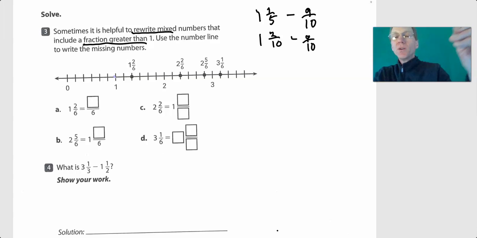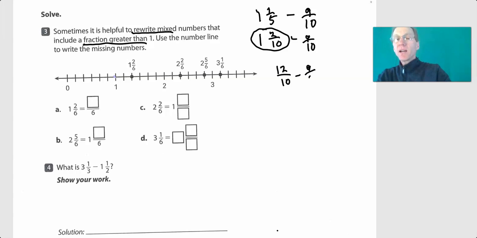Then we said, whoa, we can't subtract directly. There are several methods. One of our methods said, let's rewrite this. Let's cut up this one whole pizza so that we now have 12/10 minus 9/10. That's exactly what we just did. It was one of the methods. Remember, we had a number line, and then you can add a tenth and subtract a tenth.